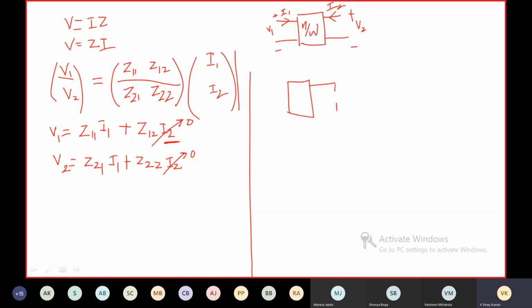If it is open circuited, then I2 becomes zero.